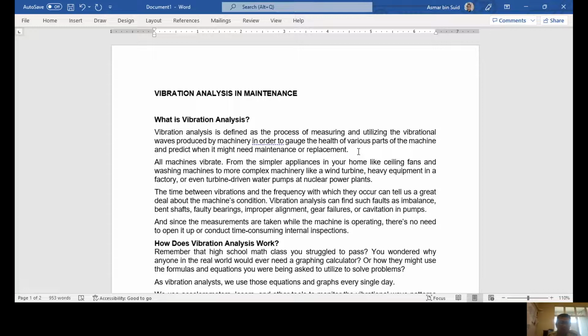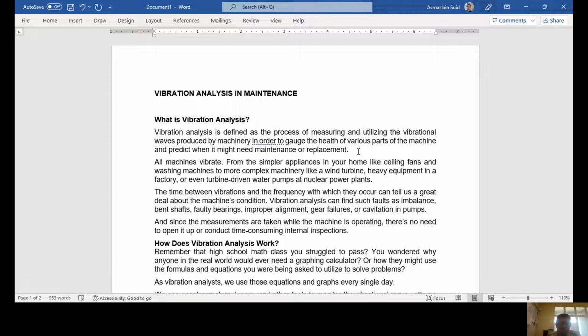All machines vibrate, from simpler appliances in your home like ceiling fans and washing machines to more complex machinery like wind turbines, heavy equipment in a factory, or even turbine-driven water pumps at nuclear power plants. The time between vibrations and the frequency with which they occur can tell us a great deal about the machine's condition. It is a method for condition-based maintenance.